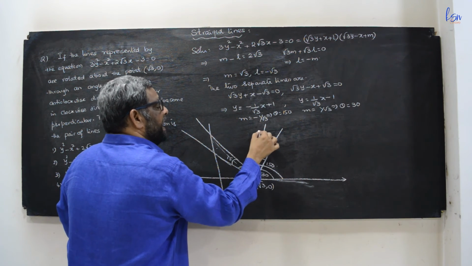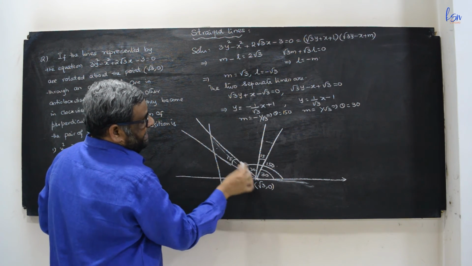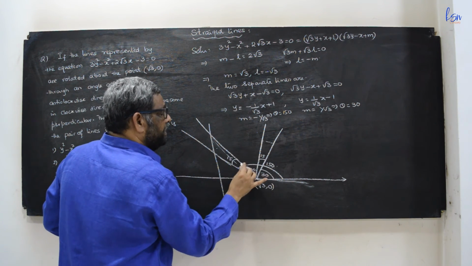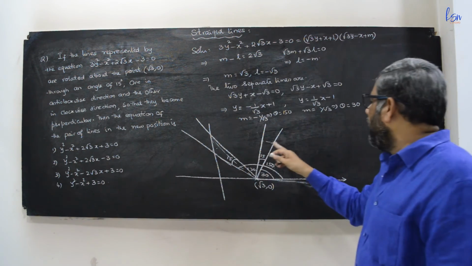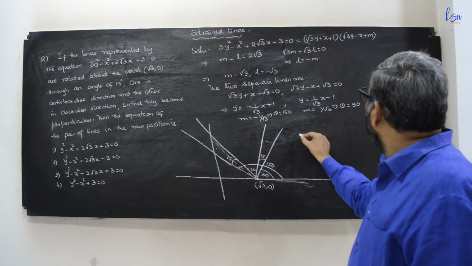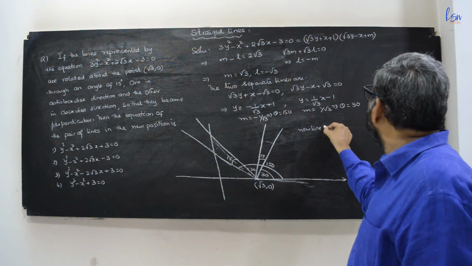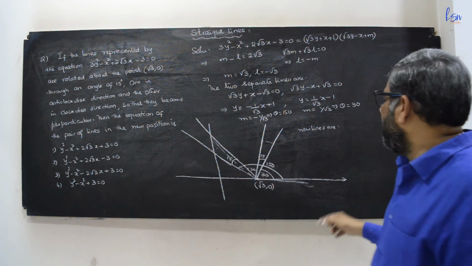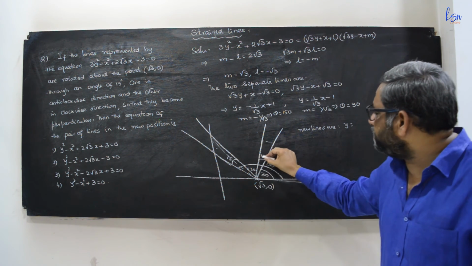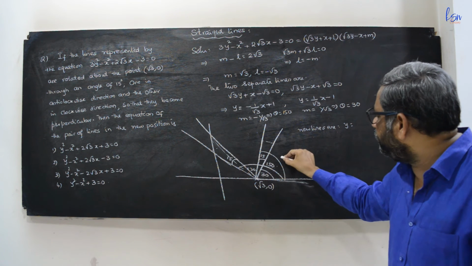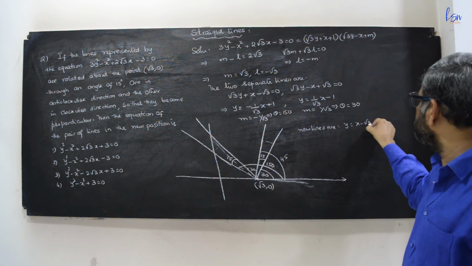So the slope of this line is 1 unit. Now when it is moved in the clockwise direction by 15 degrees, the angle is now 135. Therefore, one line is having its inclination as 45, so the new lines are: y is equal to, this is making an angle 45 degrees, so tan 45 is 1, so y equals x minus root 3 is one line.